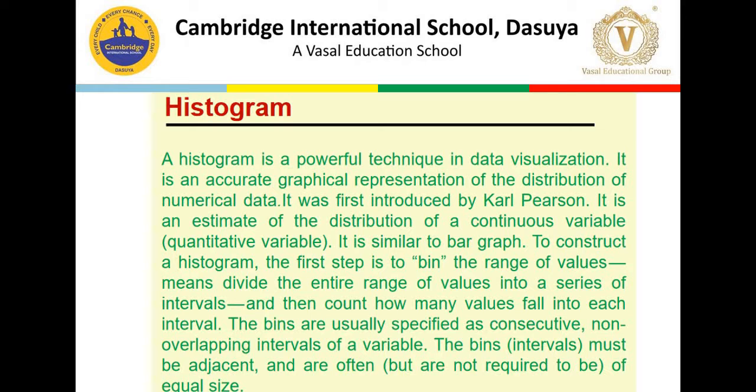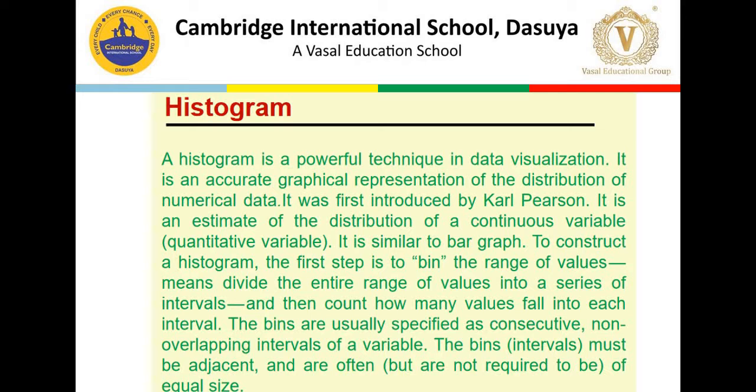The bins are usually specified as consecutive non-overlapping intervals of a variable. So the intervals should not overlap, like 0 to 10, then 10 to 20, 20 to 30, like this. Bins and intervals are synonyms. We can use the word bins and intervals both, but in histogram the parameter name is bins, so that's why we use the word bins specifically in Python.